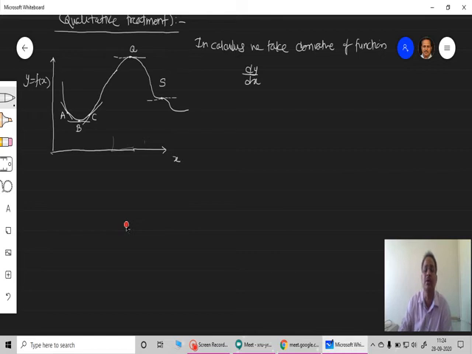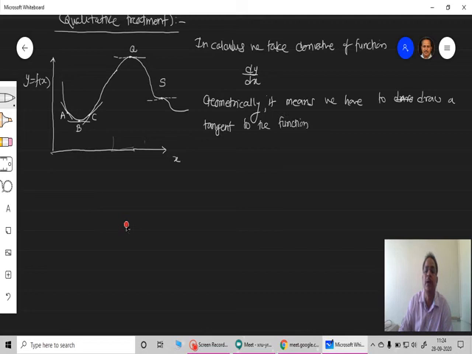Okay, and geometrically it means we have to draw a tangent to the function at that point and obtain its slope.